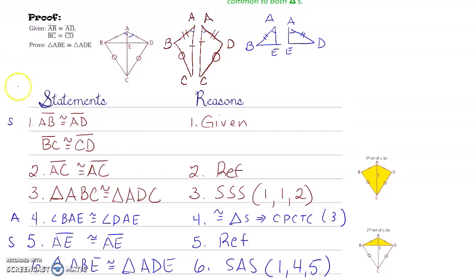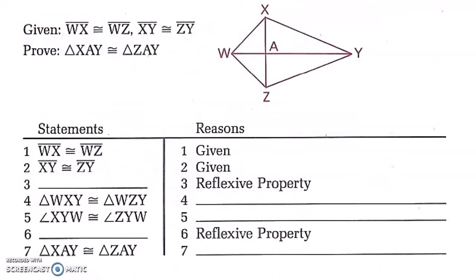And I'm going to go back in my left margin here and note that for the first triangle. And make sure that I've marked my diagram completely. I think I'll use an X this time for that reflexive.